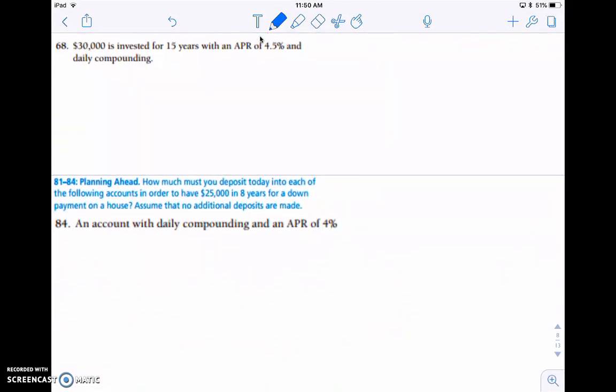Okay, next we have $30,000 to be invested. So again, our principal here is $30,000 for 15 years. So Y is 15 years, APR 4.5%. Again, change that to a decimal every time, compounded daily.